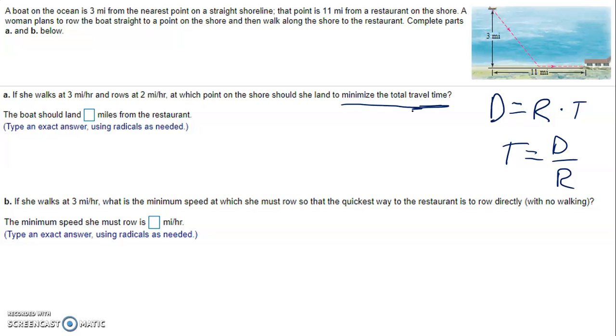So if we want to minimize the total travel time, we need an equation for total travel time. Let's just call it time total, which is going to be the time rowing plus the time walking. For each of these, we're going to do d over r.